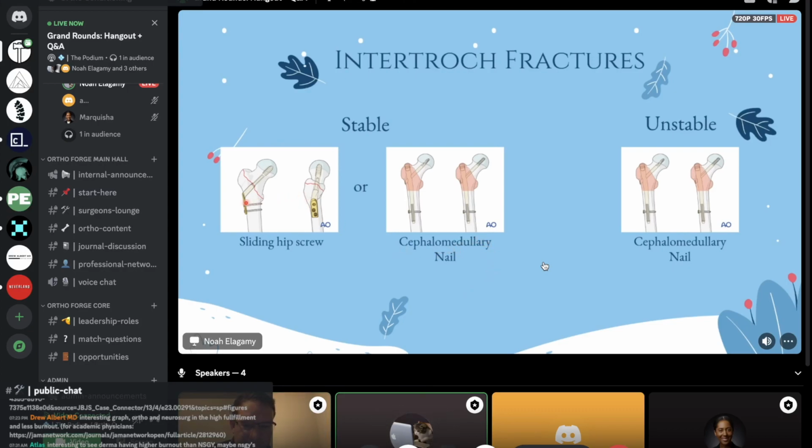So for stable, you could use sliding hip screws or a cephalomedullary nail. And the cephalomedullary nail is used for unstable intertroch fractures as well. I would say I've seen more CMNs, or cephalomedullary nails, than sliding hip screws as well. Yep.